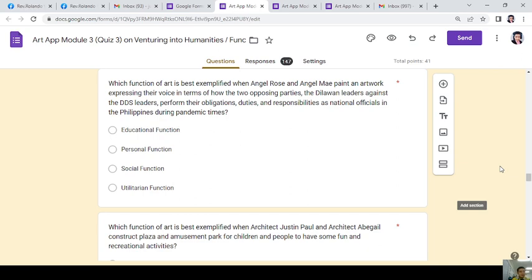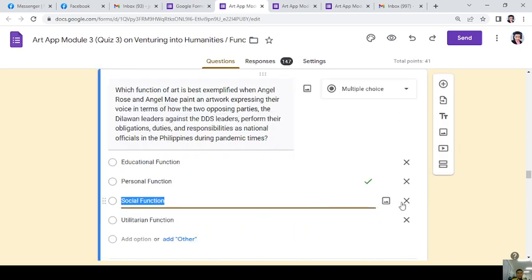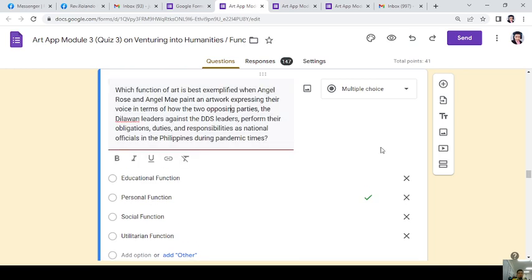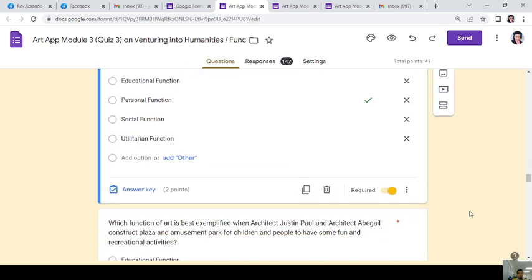So that is perfect. Personal function. Okay, expressing their voice. That's personal function.